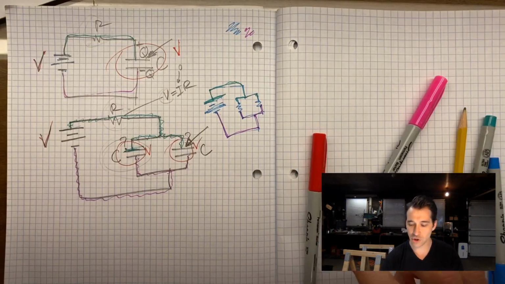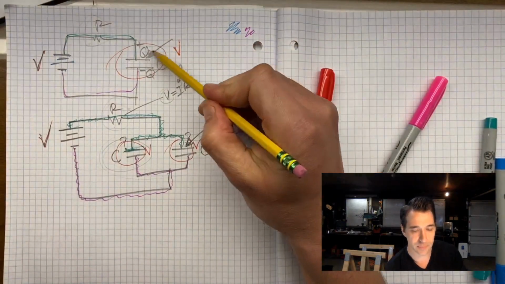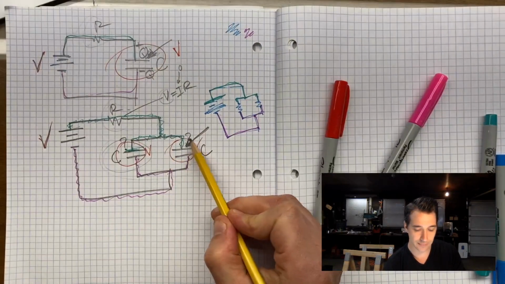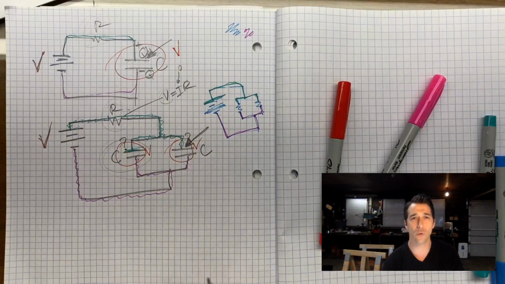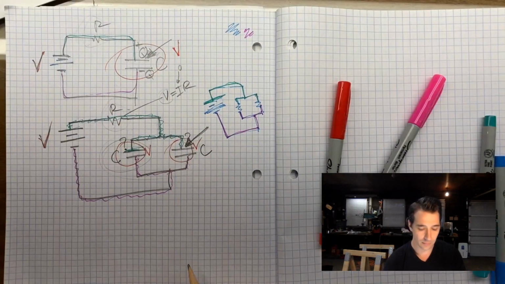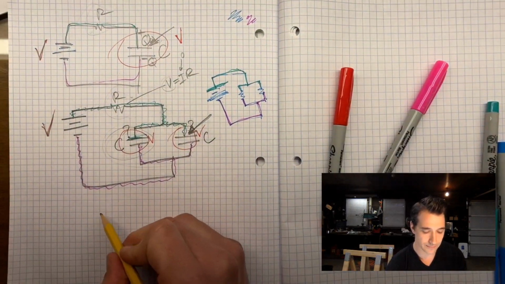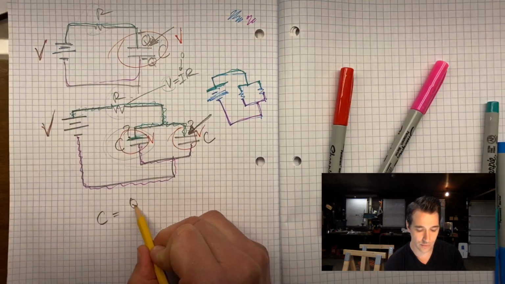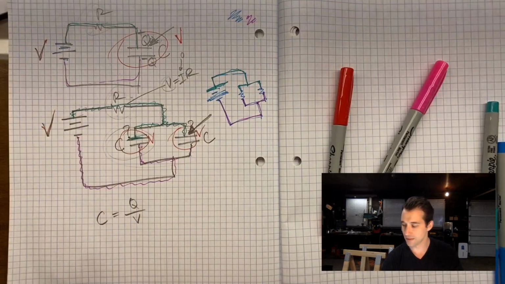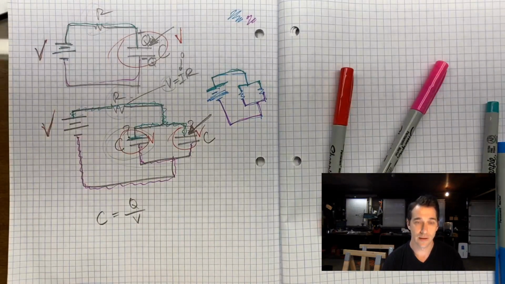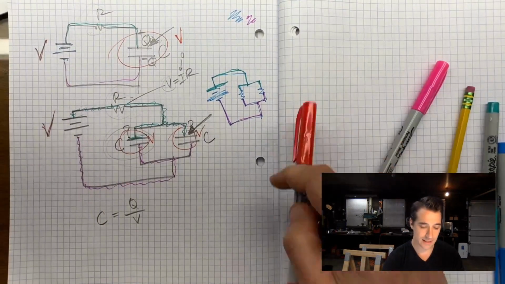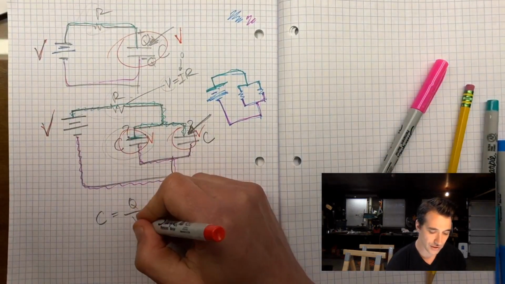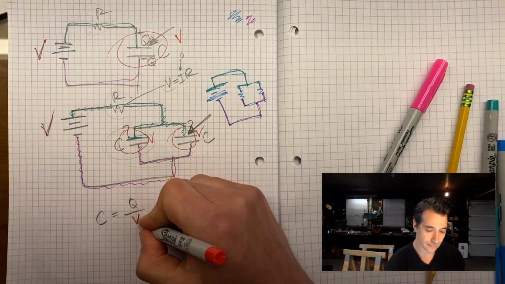If we want to know how much charge is on this plate as compared to this plate, which one is holding more charge? Well, we know that for capacitors, C equals Q over V, right? And that's straight off of our reference table. And we just said V in both circuits is the same.